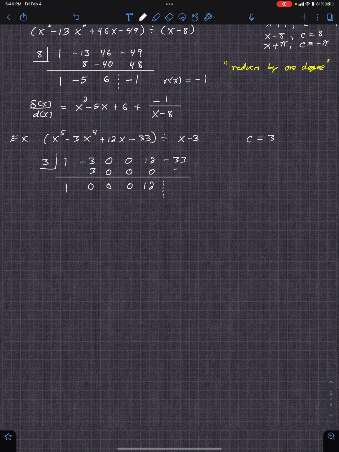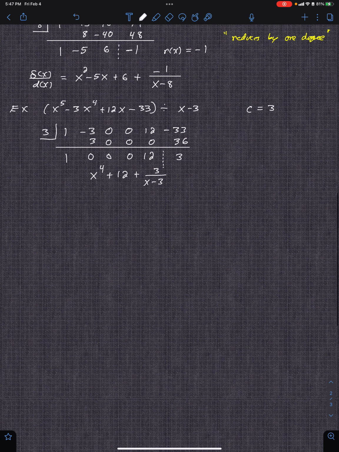Multiply, you get 36. Add, you get 3. So there's your remainder. So this becomes, it was a 5th degree, now it's a 4th degree, plus 12, and then plus 3 over the divisor.